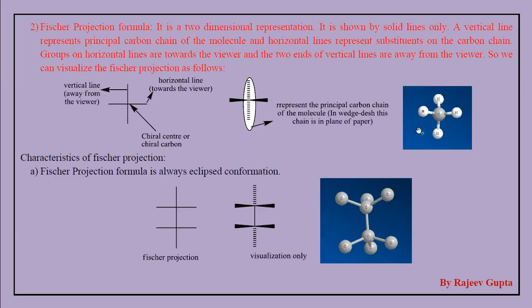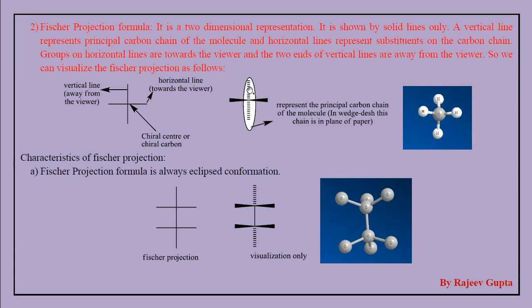Understood. Now from this 3D structure we can imagine a methane molecule drawn here, which has a tetrahedral shape. Suppose this carbon atom is the central atom. Suppose this is the principal chain, because here no other carbon atom is present except one.